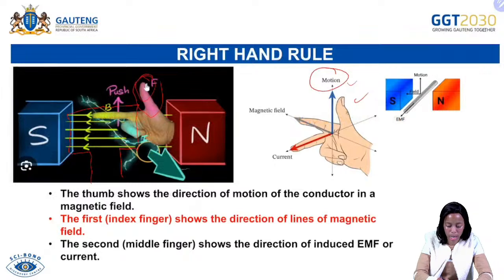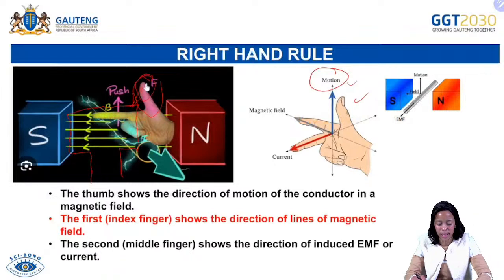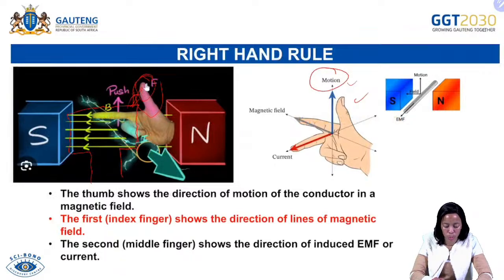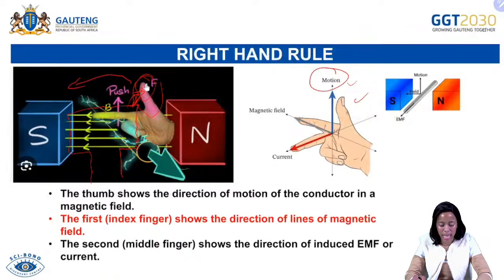If you push the coil upwards with your thumb, it means it is going to move in an anti-clockwise direction. So the thumb is the motion, or the force that you are going to be applying.